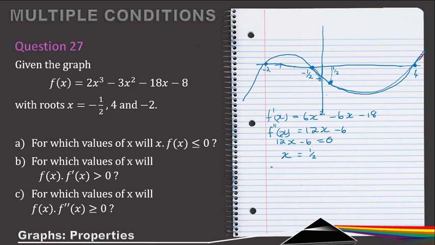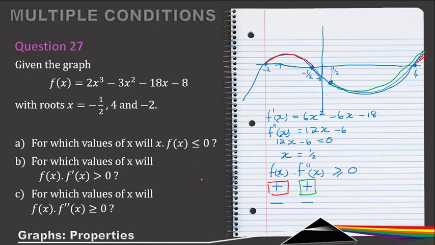Now, we've got f(x) times the second derivative of x being greater than or equal to 0. So greater than or equal to 0 means positive, meaning plus times plus or minus times minus. And let's mark these. Where is my graph positive? My graph is positive here and here. Where is my second derivative positive, or in other words, where's my graph concave up from the point of inflection, where it smiles, basically.